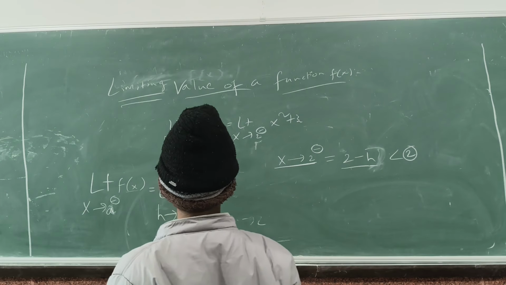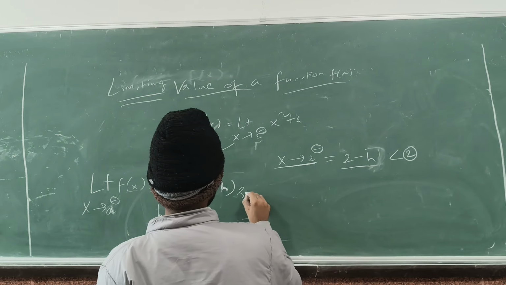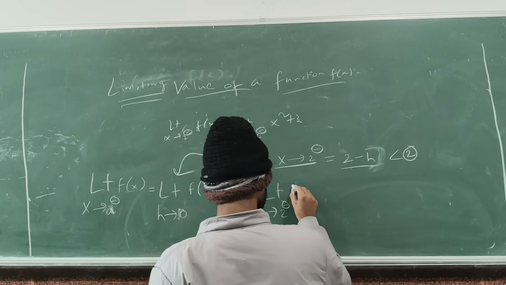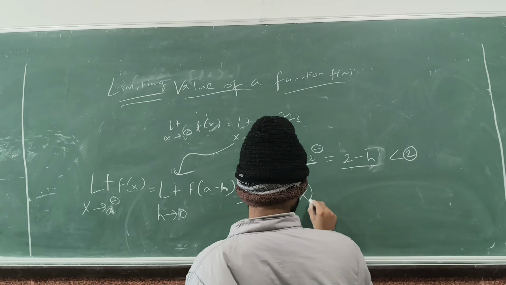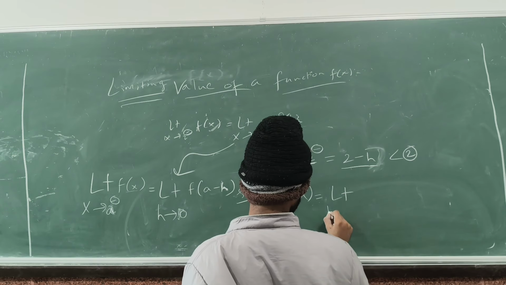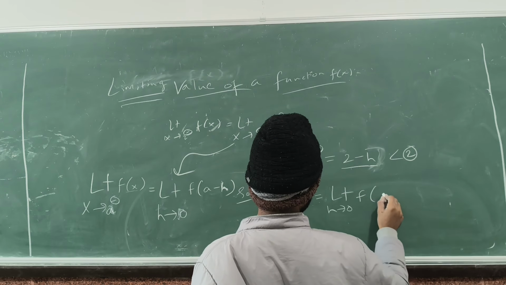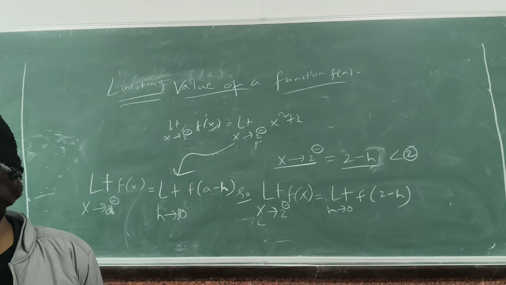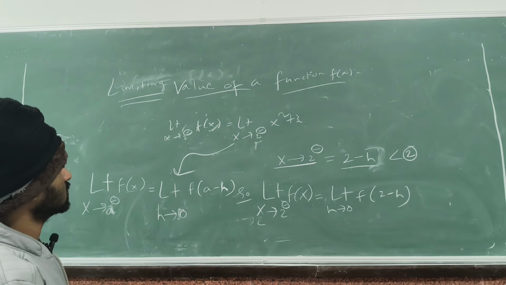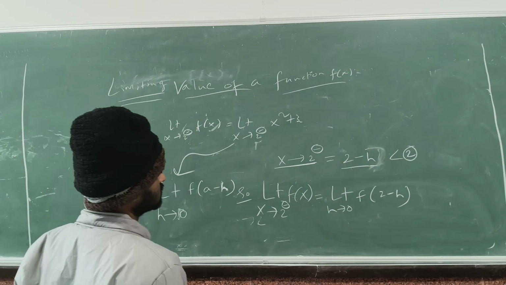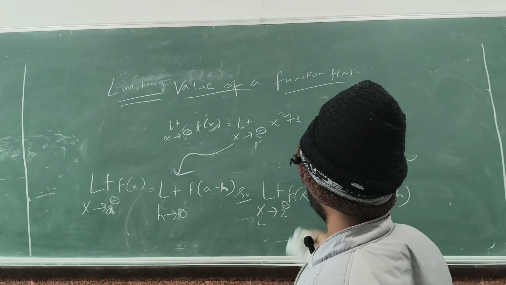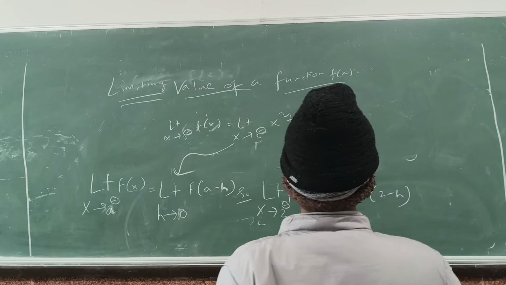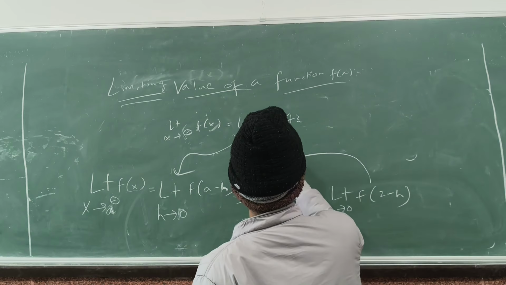Since in place of a we have 2, limit x tends to 2 minus f of x equals limit h tends to 0, f of 2 minus h. Okay, so let's substitute there. Remember this formula. Let's substitute 2 minus h here in equation 1.